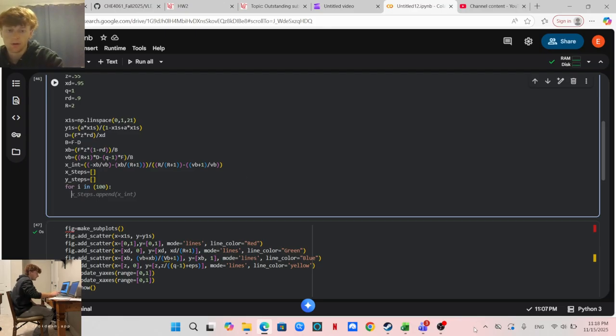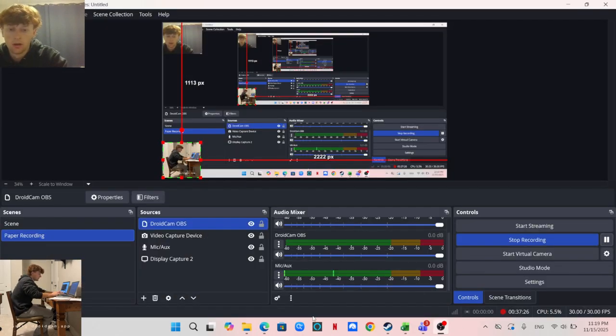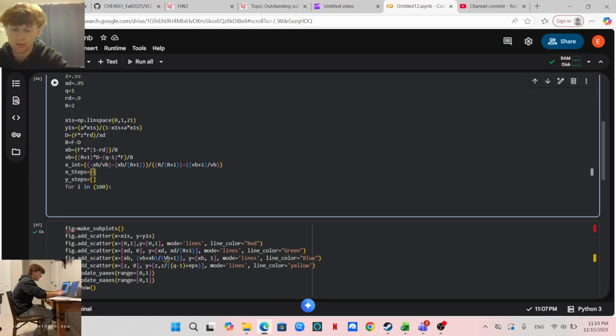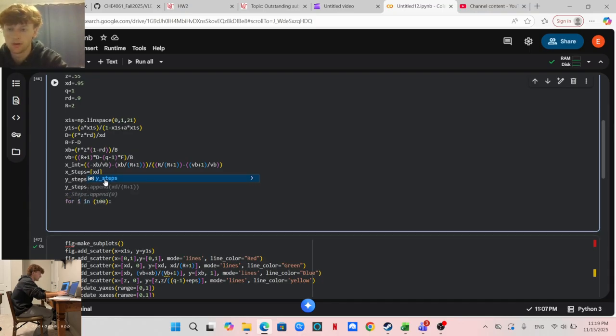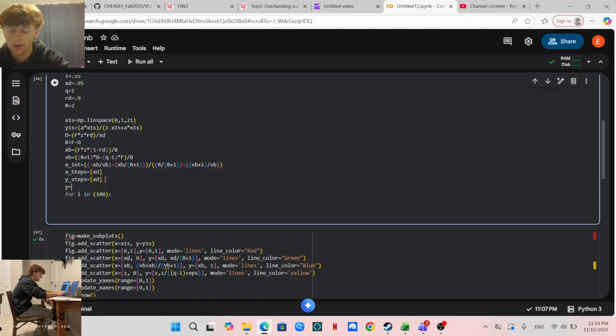Okay, and then let me look at this again. Actually, these aren't going to be open brackets because we want these to be filled with xd. We want this to be filled with xd because this is where we want our steps to start, and they're going to start at the beginning of our rectifying line. And then we want y_steps to equal y.append, or no, I don't think that's right either.